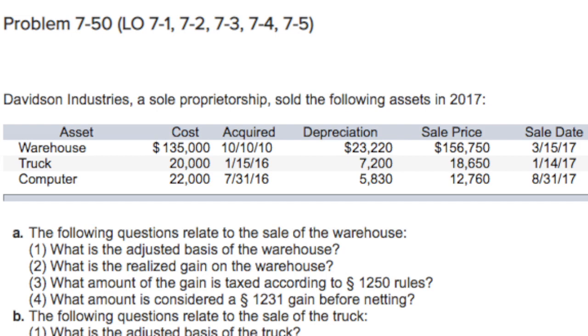We've taken $7,200 of depreciation, the sale price, and our sale date of 1/14/2017. So pay attention to those dates. And then the computer, $22,000 cost, our date acquired, our depreciation, our sale date, and our sale price.